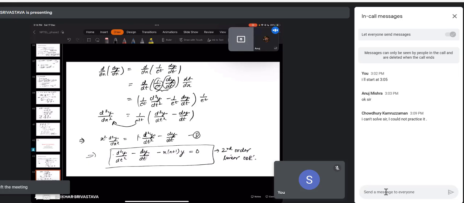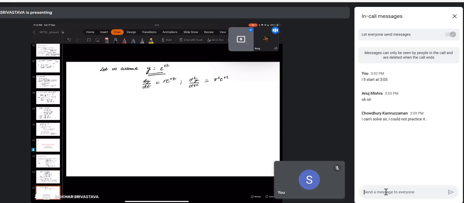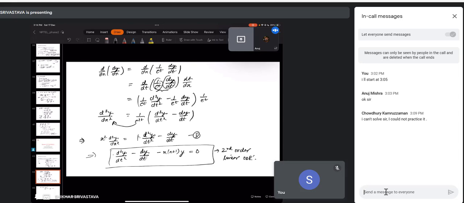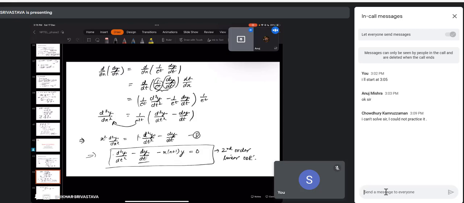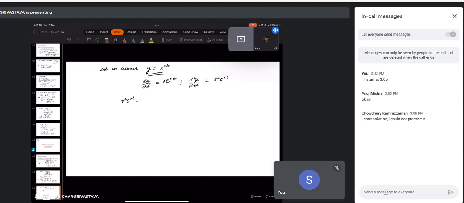So now you just put these values back into this equation. d2y by dt square is r square exponential rt, dy by dt is r exponential rt, minus n plus 1 y is exponential rt. Now you can take exponential terms common. So you're left with something in bracket: r square minus r minus n plus 1.